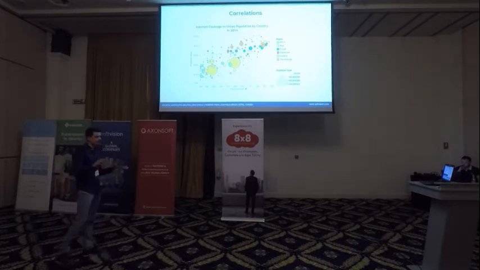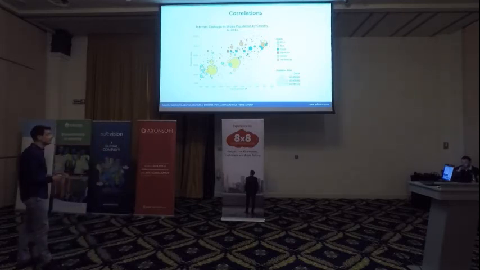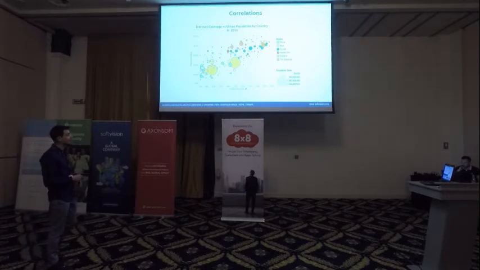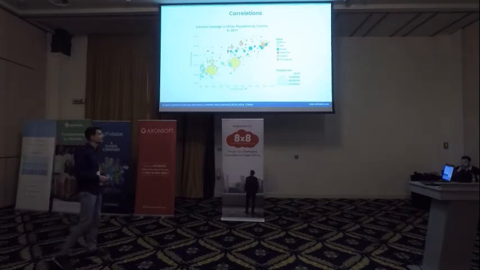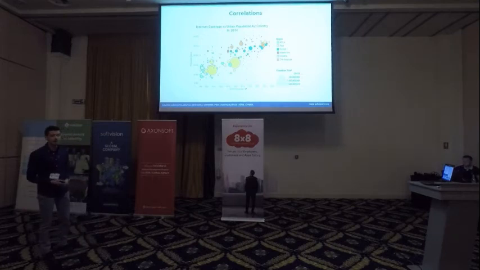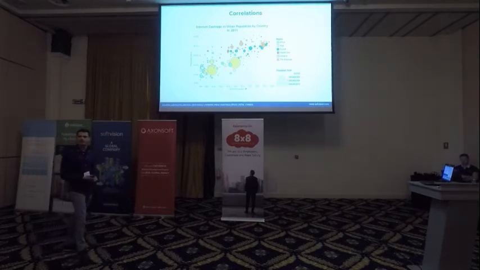You can see that there might be a correlation between these. As the urban population increases, meaning the dots are getting higher and higher, the internet coverage also increases, meaning the circles go from left to right. So there is a correlation, as expected, between the two.